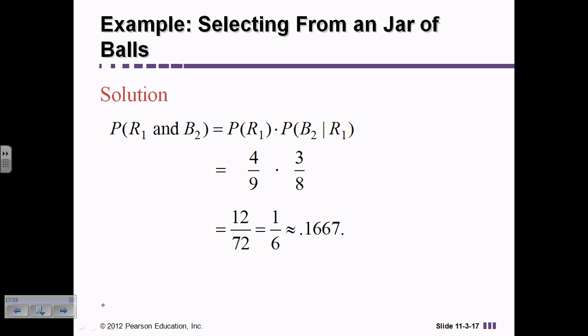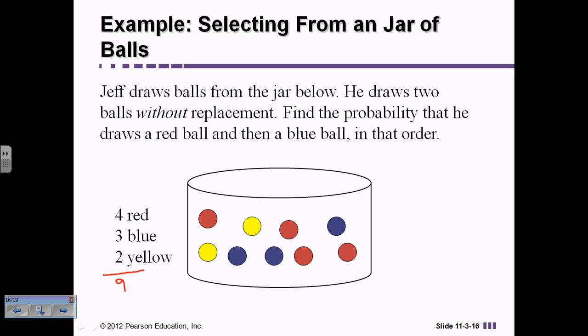So if we look at that, the probability that he draws a red ball the first time through, since there are 4 red balls, the very first draw means that I could draw 4 possible balls out of 9. But now I don't have 9 balls in the jar anymore because I just drew one out.